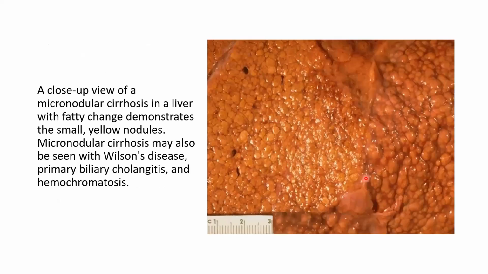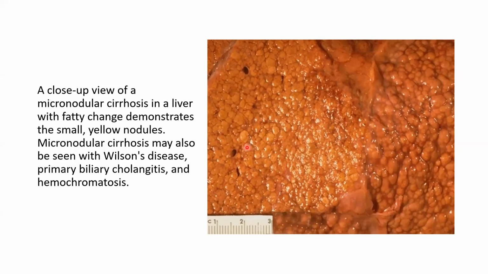This is another example of liver cirrhosis. You can see the nodules. These are nodules of regenerative cells, or regenerative nodules, with surrounding fibrosis. That is why it looks rounded.